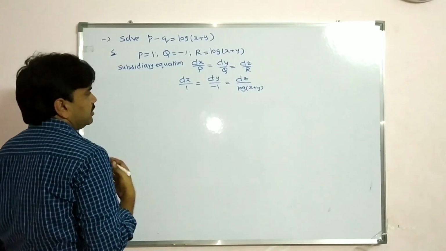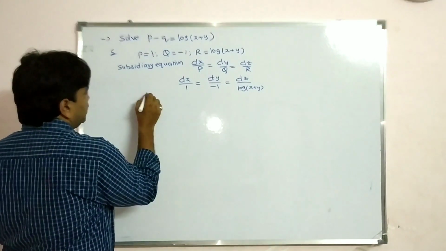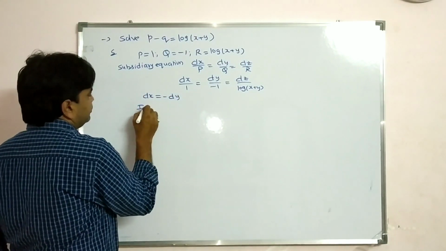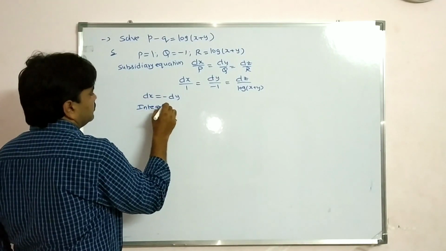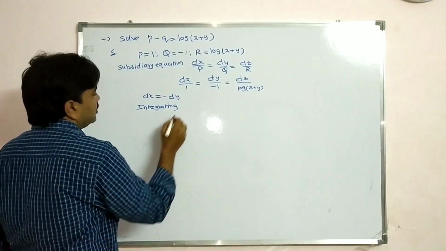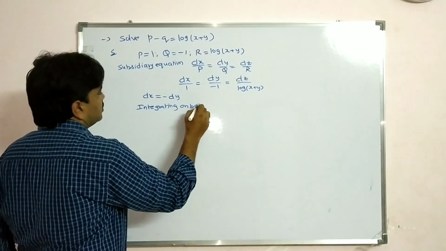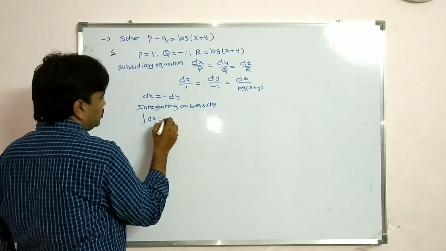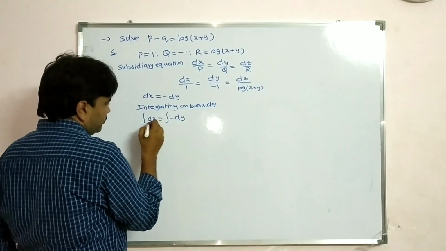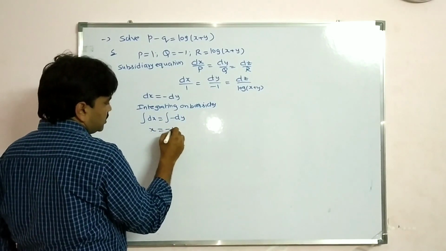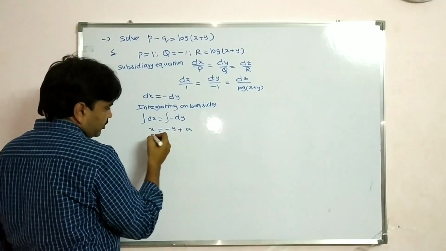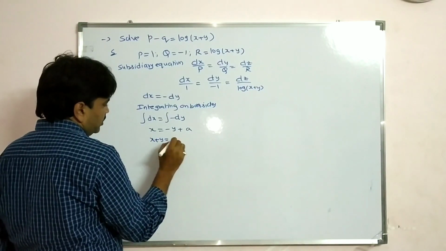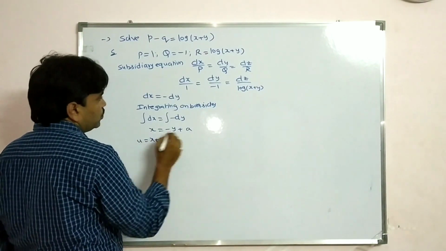We can simply evaluate: dx is equal to minus dy. Integrating on both sides, the integral of dx is equal to the integral of minus dy. So we get x is equal to minus y plus a. Now we transpose to the left-hand side and get x plus y is equal to a. So this is u.